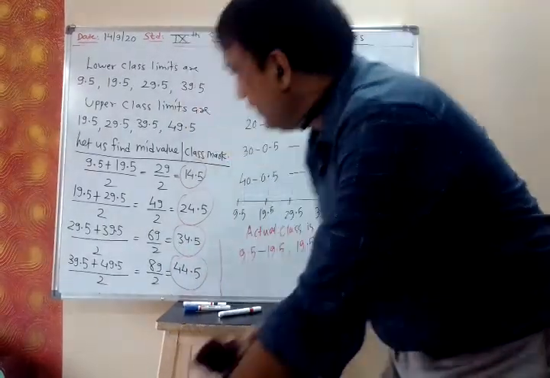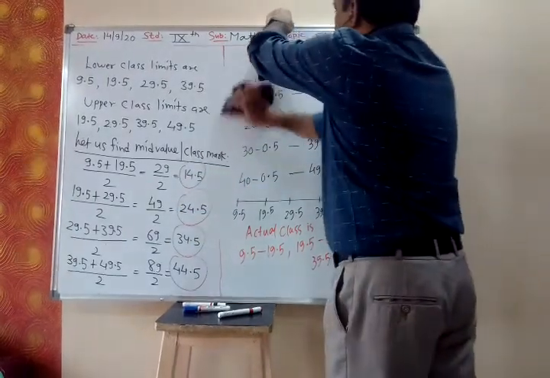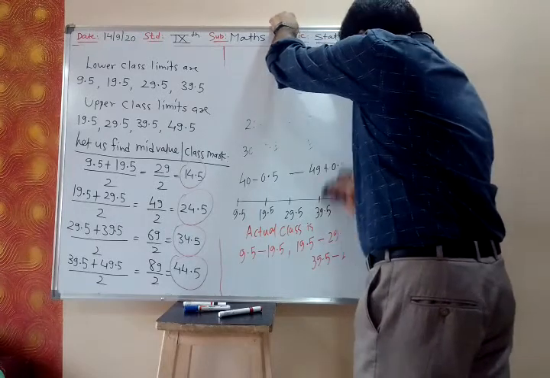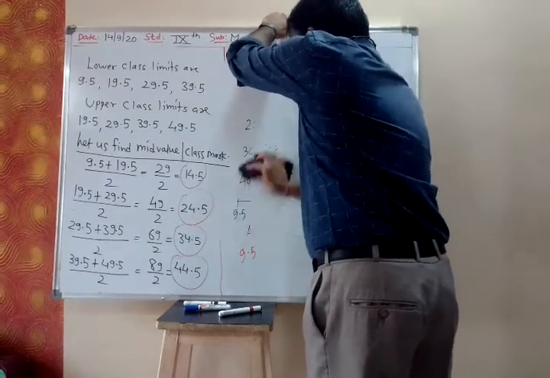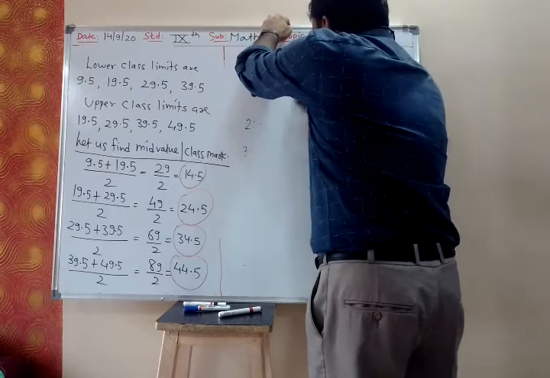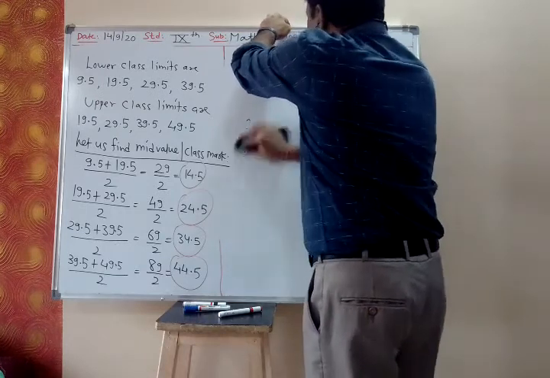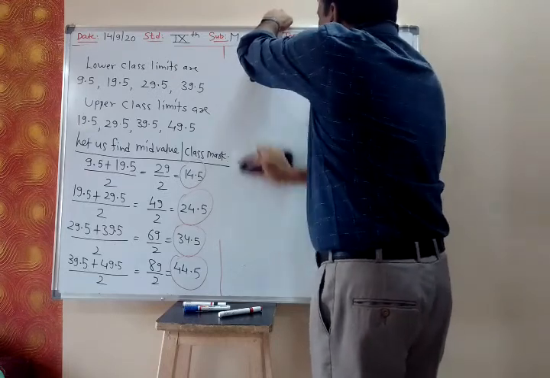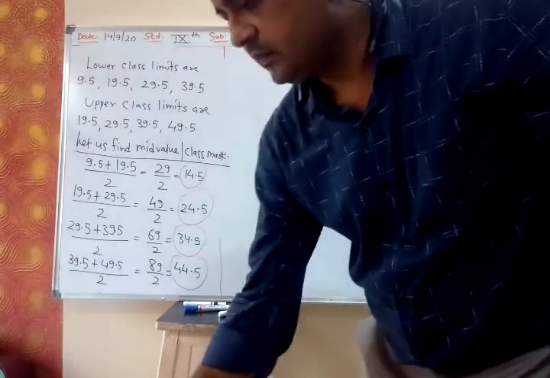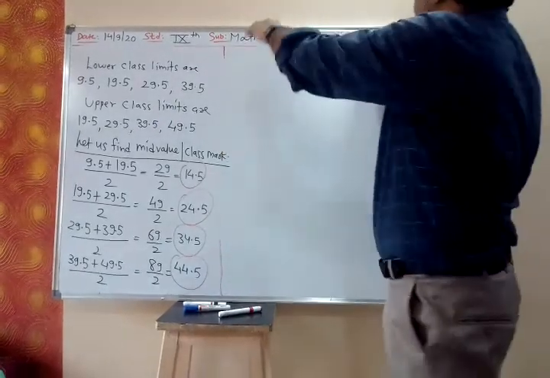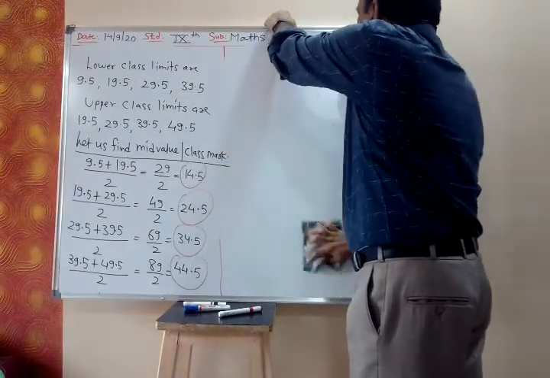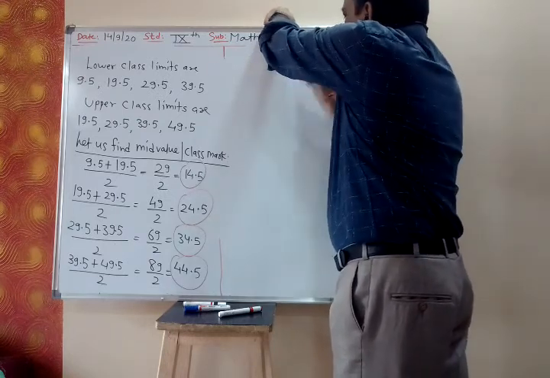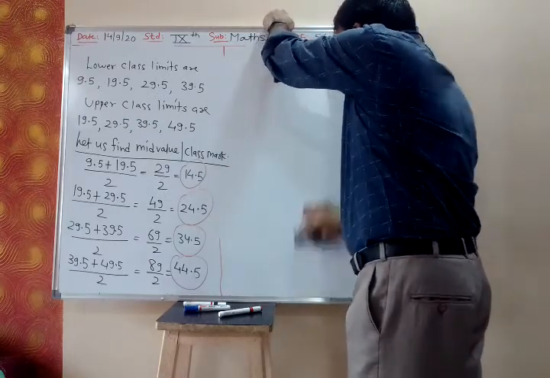So we write the mid values. Whenever the class interval is not continuous, you have to make it continuous by finding the adjustment factor. That adjustment factor we subtract. I have to explain this, don't see the duration. One thing I am repeating several times, I have to make you understand.